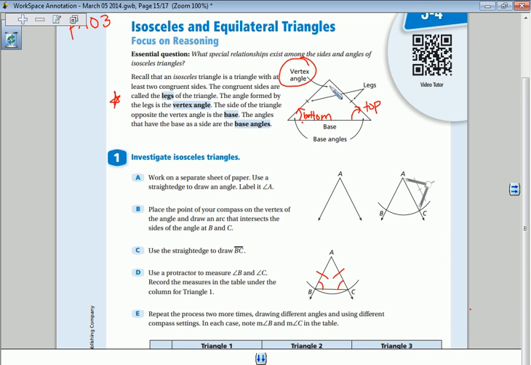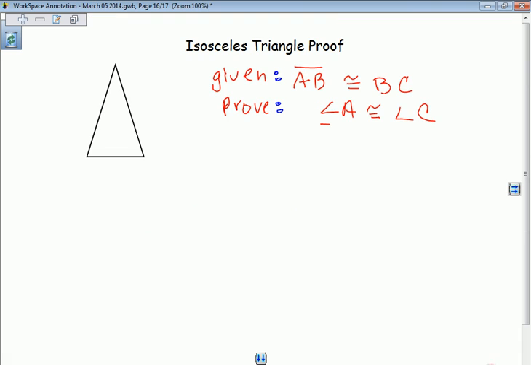The vertex angle is this angle here, formed by the two legs. The angles at the bottom are called base angles. So what everyone should have noticed is, if they constructed congruent legs here, that the base angles were congruent. We good? Yes. Alright.